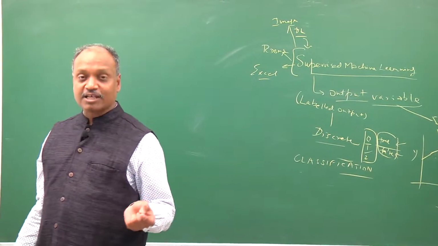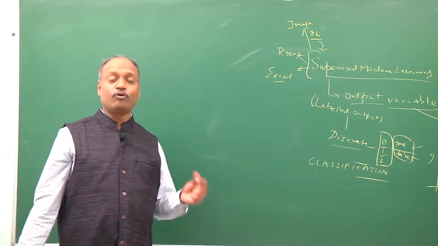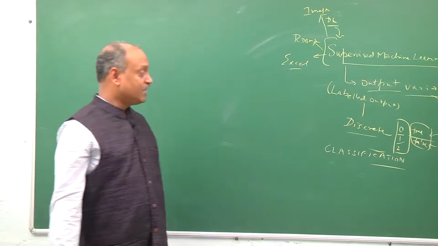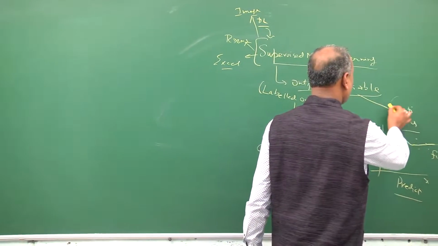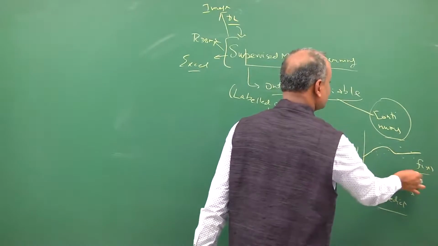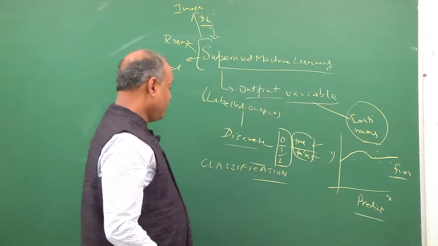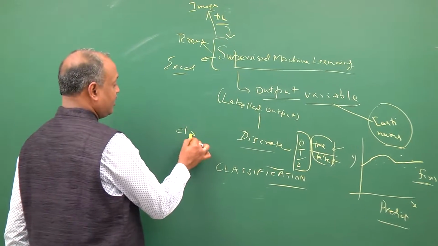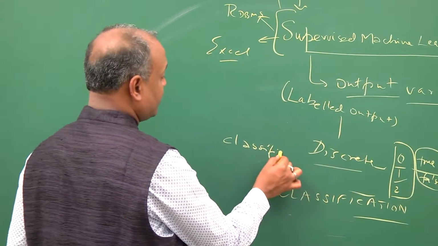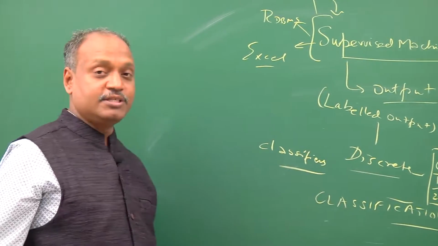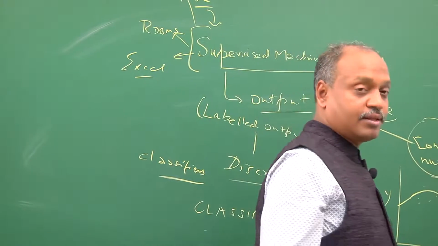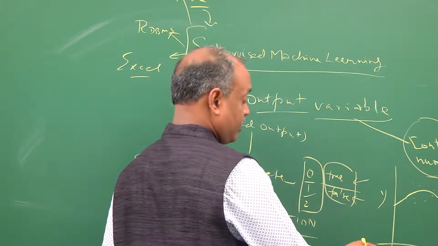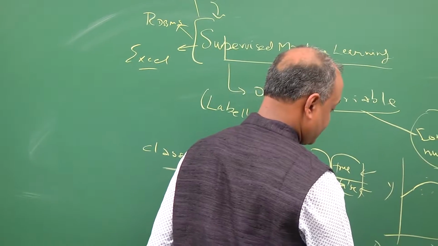It's not a future class, but a potential future value for a future input value. So in that sense, continuous variables produce functions as a result of machine learning, whereas in case of discrete, they produce classifiers as an output.